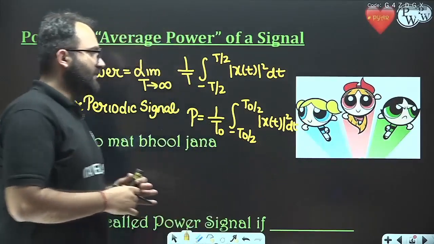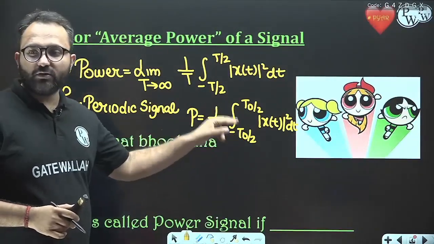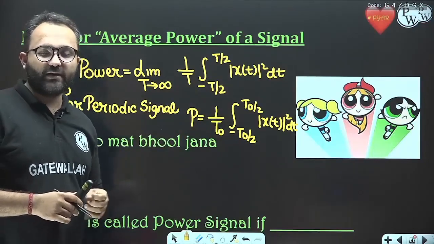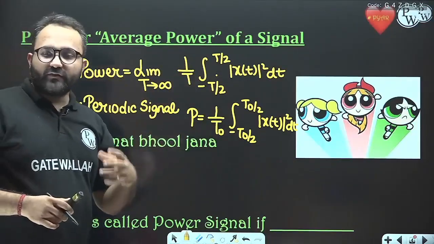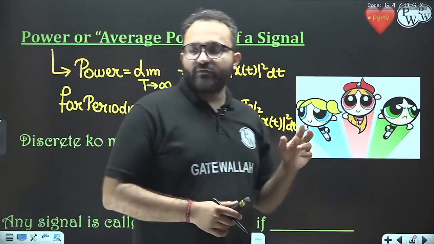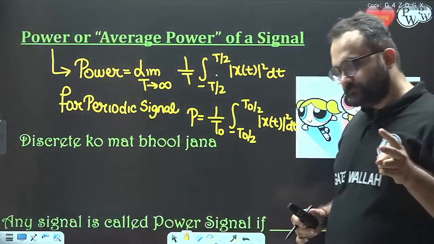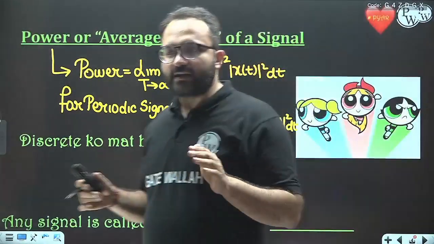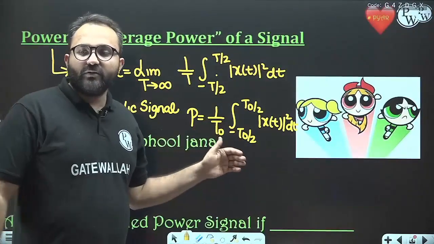This is the power of the periodic signal, and the earlier one is for the non-periodic signal. Remember that only two types of signals are power signals: periodic signals, and signals which have a constant magnitude for infinite duration of time. Example: u(t), and other examples we will do here only.